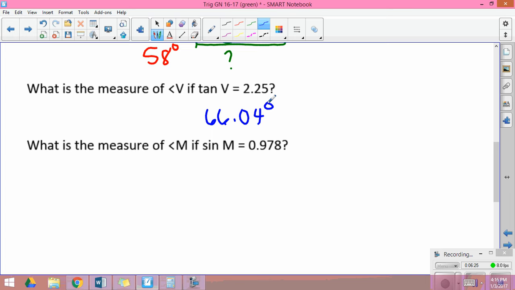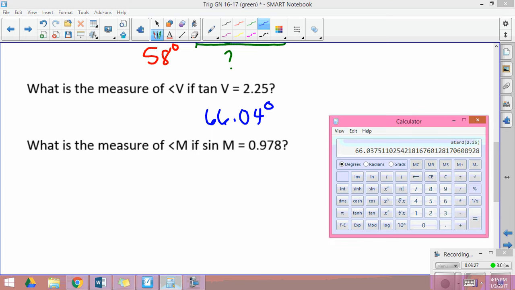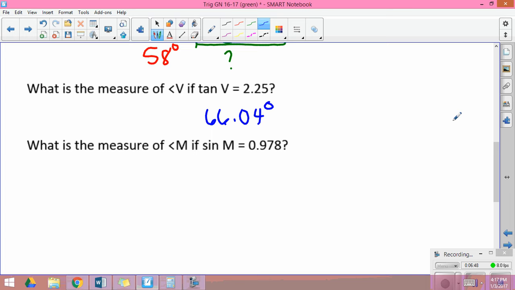The sine of M is 0.978, and if I enter 0.978 and hit inverse or shift and find sine inverse, I get 77.96, a 78-degree angle. For those of you that want to think about opposite operations, what I'm doing is taking the sine inverse of both sides, because what I do to one side I must do to the other.